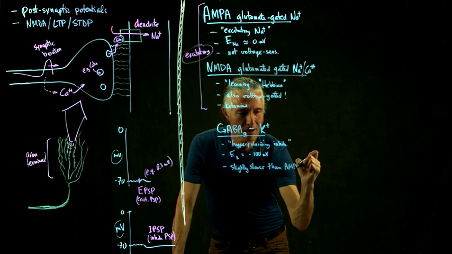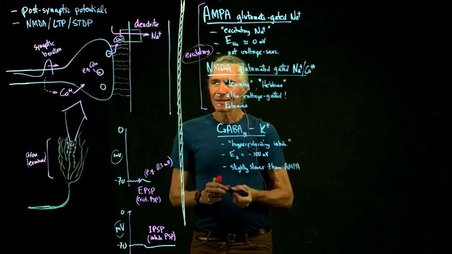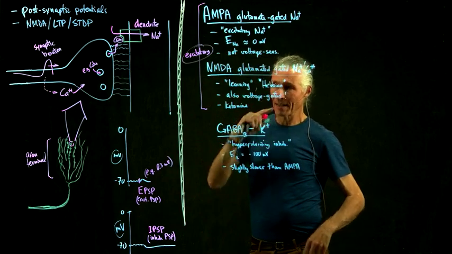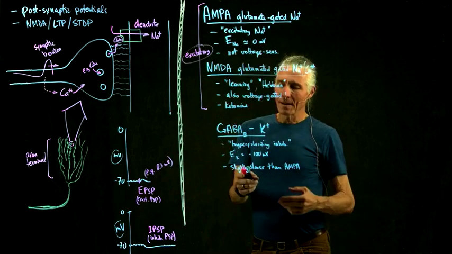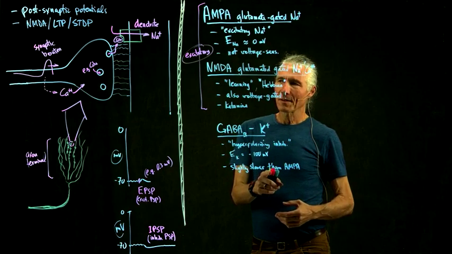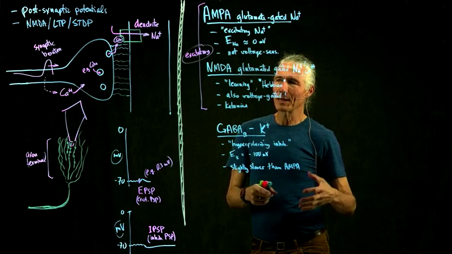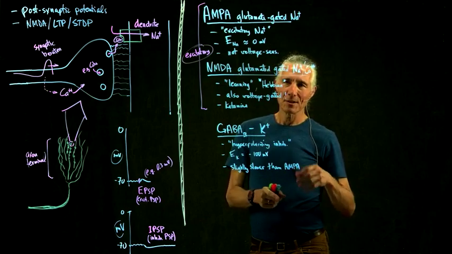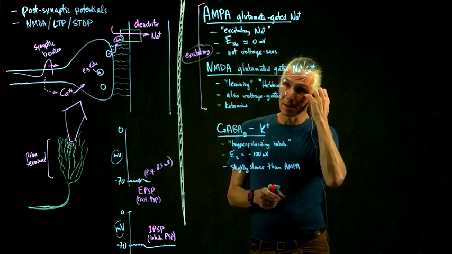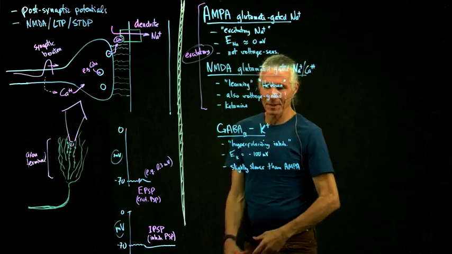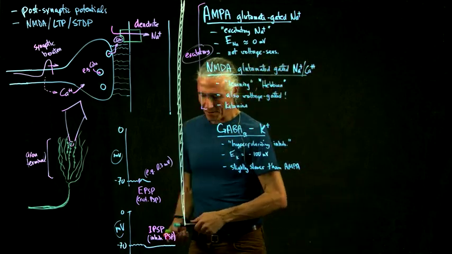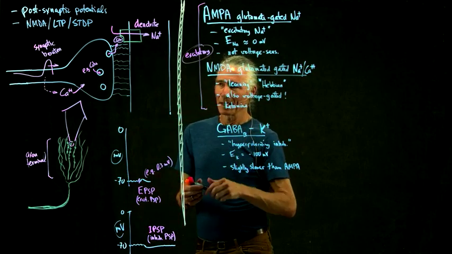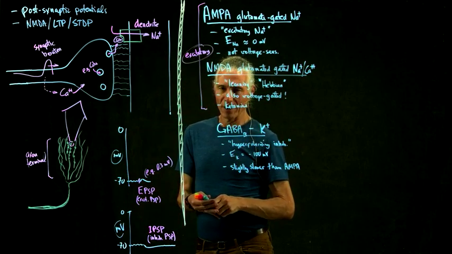Inhibition can often be slightly slower than the excitation, like in the spike case, and the inhibition also tends to spread out spatially a little bit more than the excitation. Those are just good rules of thumb to keep activity from going completely crazy. So that's the GABAb potassium inhibitory channel.